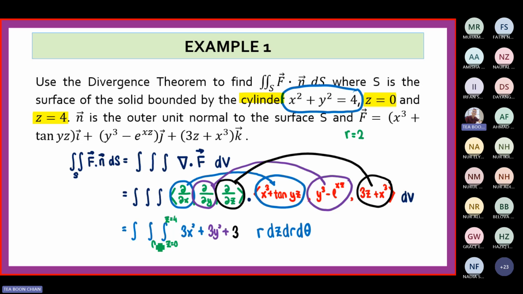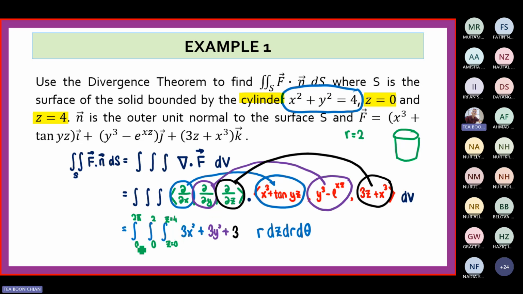Therefore, r from 0 to 2. Again, the cylinder is a full circle solid. Therefore, theta will be from 0 to 2 pi. So all this should not be too difficult for you to identify. All right, in fact, this is the setup for cylindrical coordinates. You have done it. That's why whatever you learn in chapter 2, make sure you recall and use it in chapter 3.